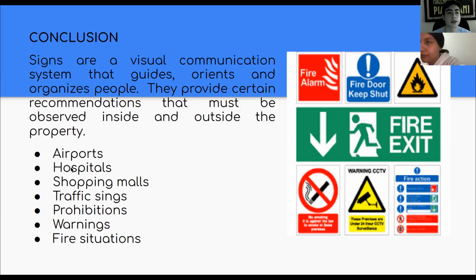They provide certain recommendations that must be observed inside and outside the property, like airports, hospitals, shopping malls, traffic signs, provisions, warnings, and fire situations.